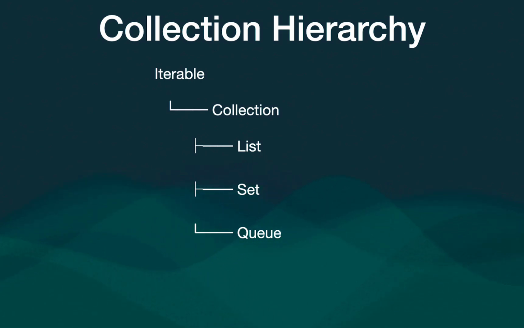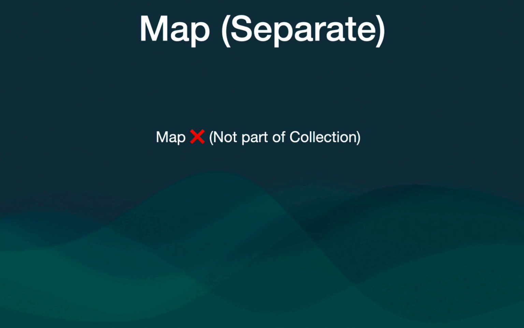Under List we have different classes which implement List. Under Set and Queue also we have multiple classes implementing them. And Map is a separate entity; it is not part of the collection framework, but we will cover that also.